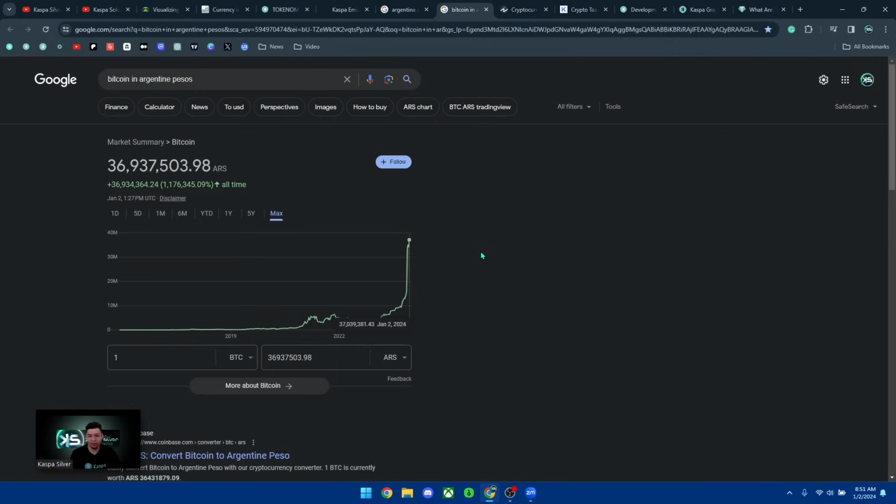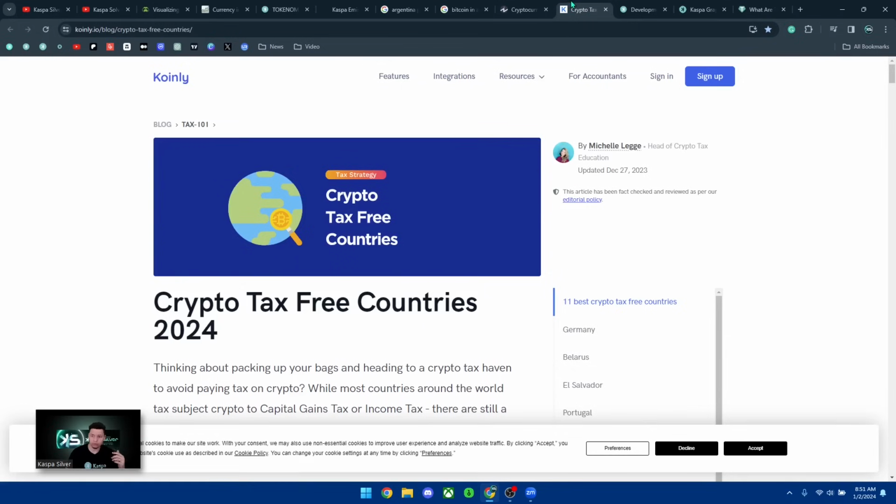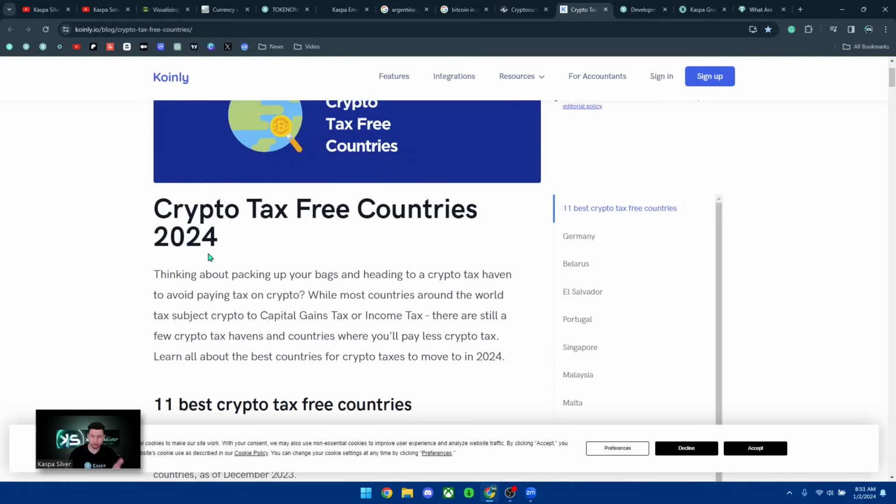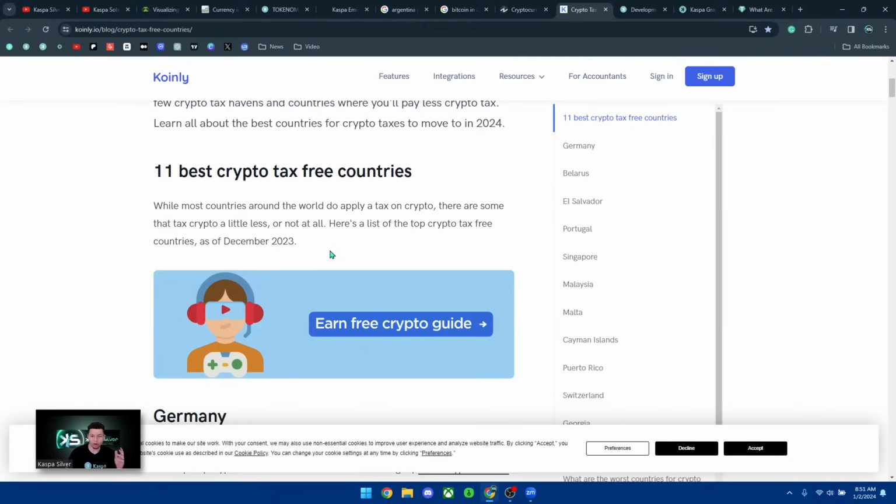But in the meantime, there are different ways to still use it as a currency, which right now is mainly by selling the currency as Kaspa. So we can't really imagine that Kaspa is going to get adopted as a currency. For anyone trying to propose that this is going to happen within the next decade, I don't really think that's the case. In other words, there are going to be different countries that may allow this. And if we go to this website here, you can see that there are crypto tax-free countries where there's no tax on spending your crypto.